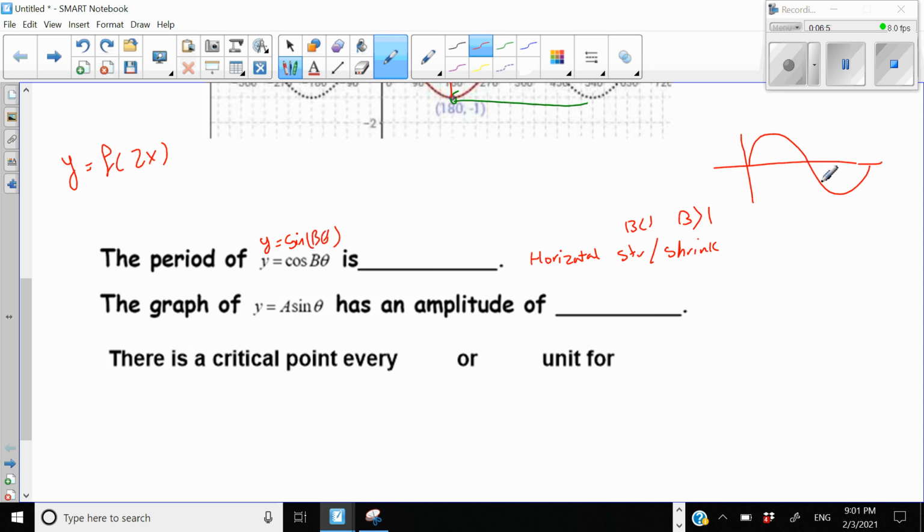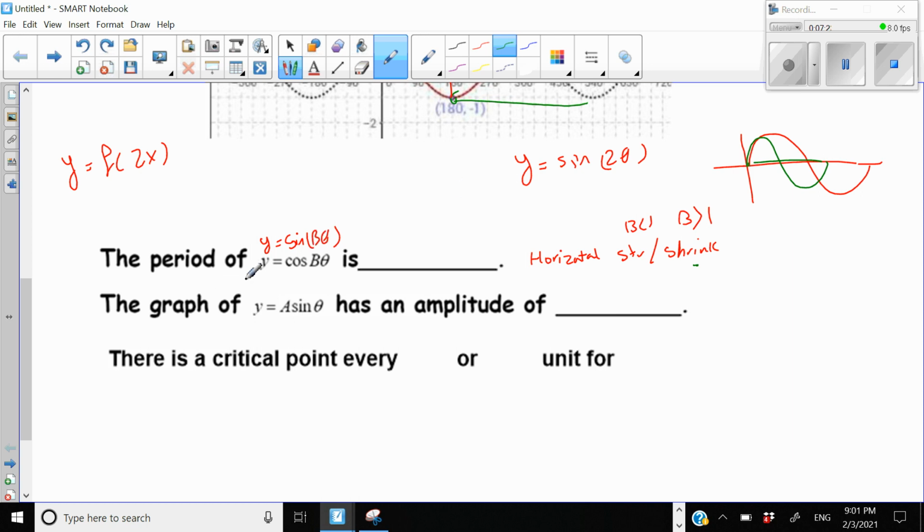If I change my function to y equal to sine of 2 theta, then my function is going to be horizontally shrunk. That means it's going to be something like this. You see, the period was this before, but now it's smaller. I'm going to have a smaller period because it's horizontally shrunk.